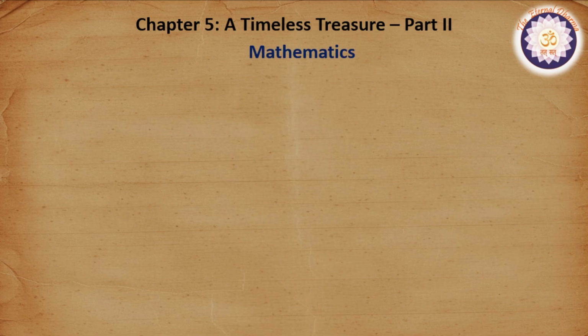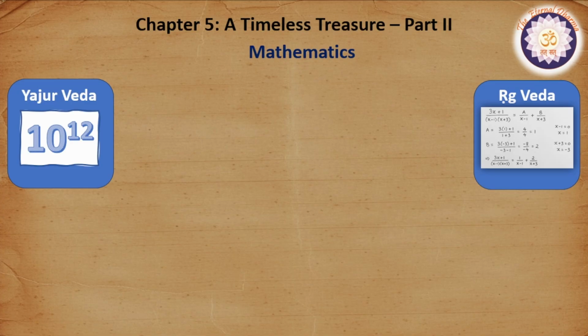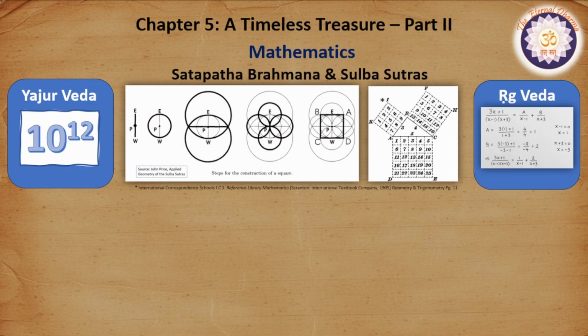The religious texts of the Vedic period provide evidence on the use of large numbers and advanced calculations. In Yajurveda, numbers as high as 10 raised to the 12 were being included in the texts. Solving partial fractions are mentioned in Rig Veda. The Shatapatha Brahmana and Sulba Sutras contain rules for geometric constructions.